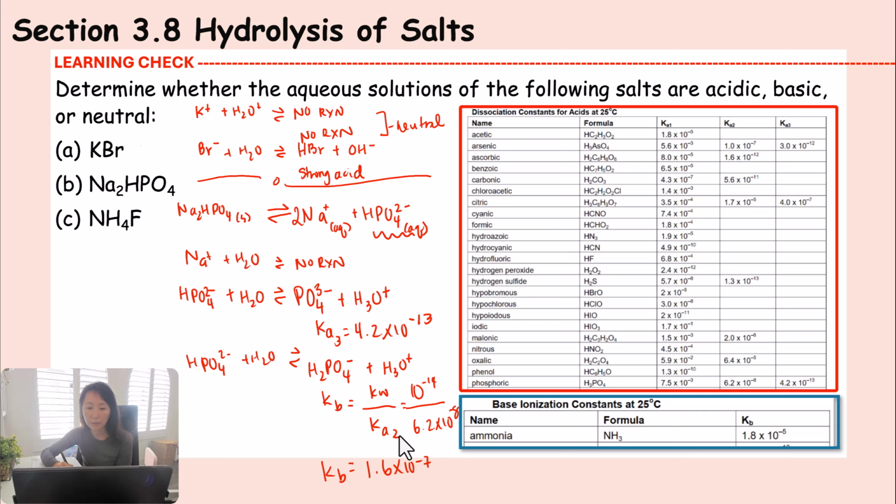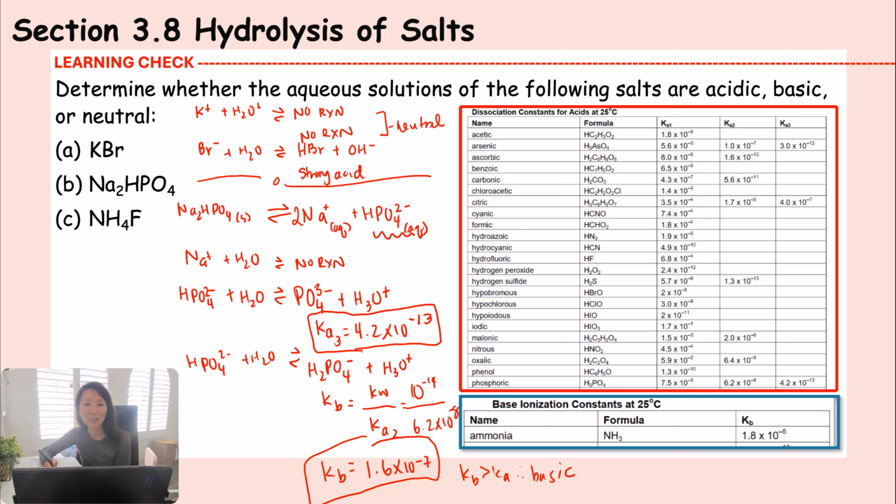Let's compare the Ka, which is right here, and the Kb. Which one is the bigger value? Hopefully you are able to say it's this one right here, because negative 7 is much bigger than negative 13. So Kb is bigger than Ka, and therefore it is a basic solution.